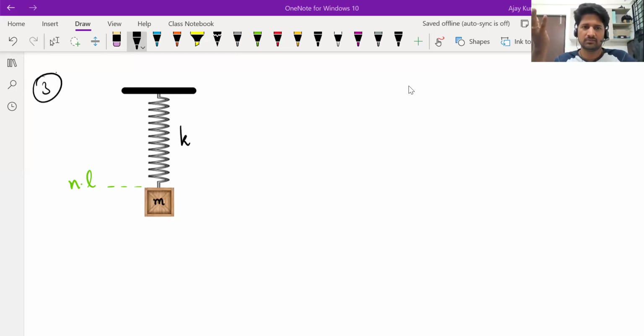Spring constant is not something which acts. Spring constant is a property of the spring. Tell properly, what is acting on the block? Sir, the spring force and the weight. At natural length, do you think spring force will act? If yes, in which direction does it act?